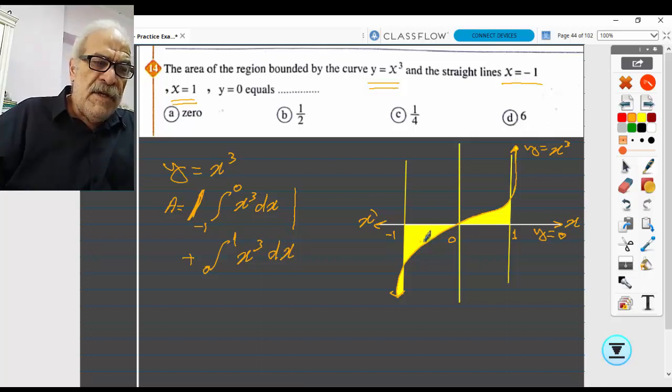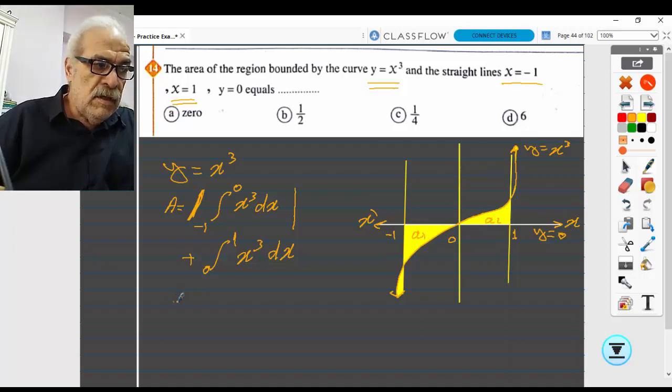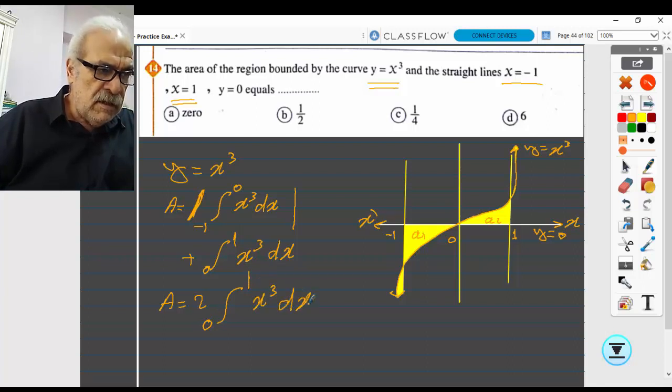From symmetry, you can say that the two areas are equal, A1 equals A2. So A equals 2 multiplied by the integration from 0 to 1 of x power 3 dx.